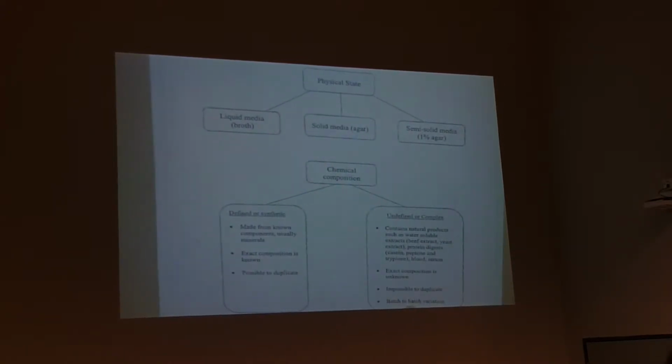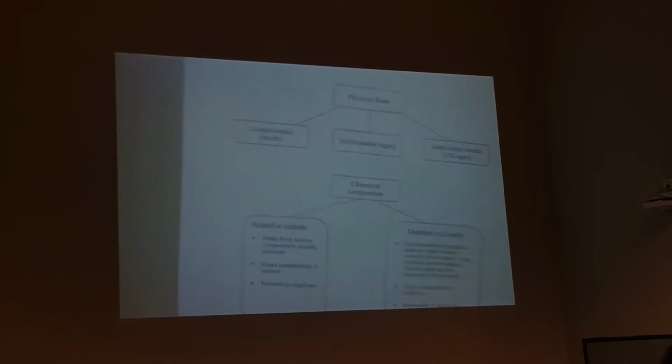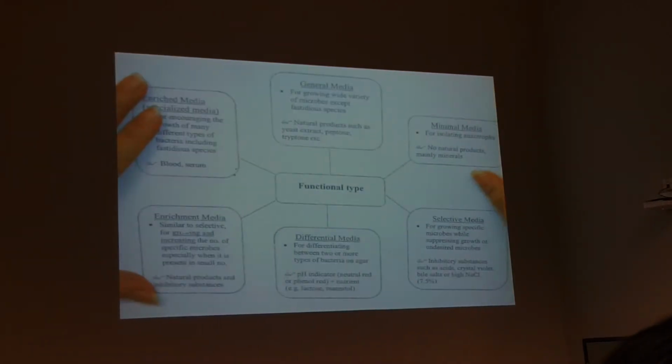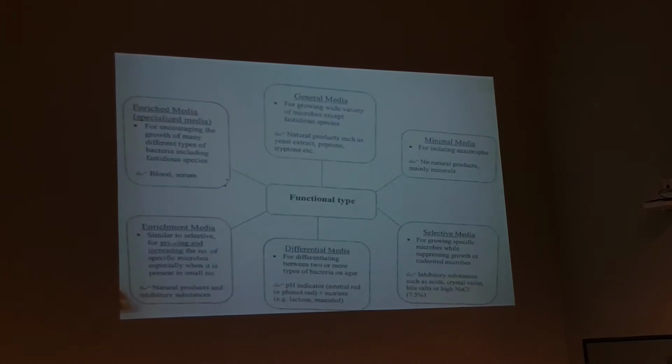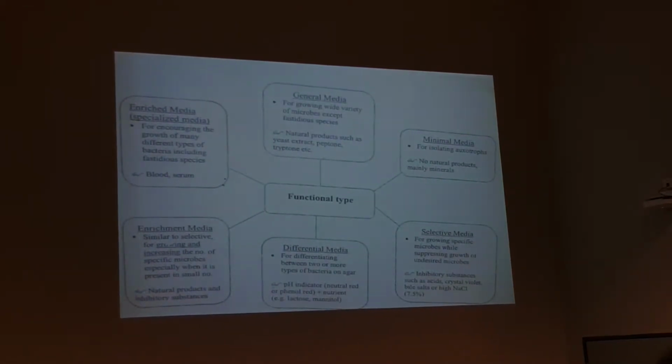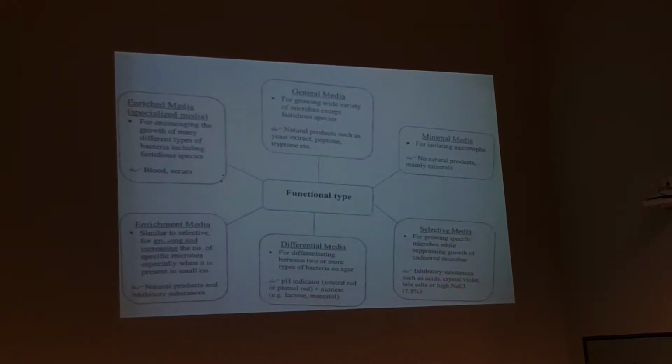Any questions? Okay. Other than classifying the media based on chemical composition, the other part that you need to know is how to classify media based on functional type, based on the function of the media.